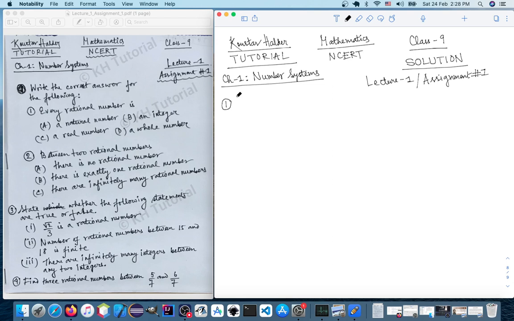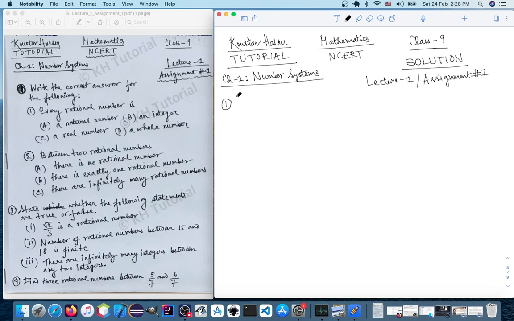Now, if you have seen my lecture 1 video, you should be able to tell that every rational number is definitely not a natural number, because as an example, half is a rational number, but it is not an integer. Similarly, it is not a natural number.